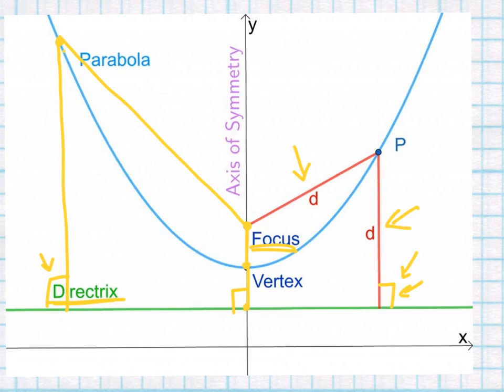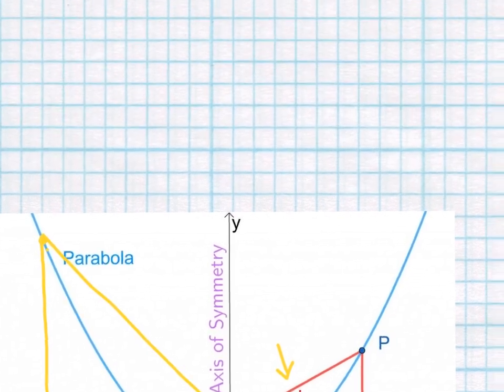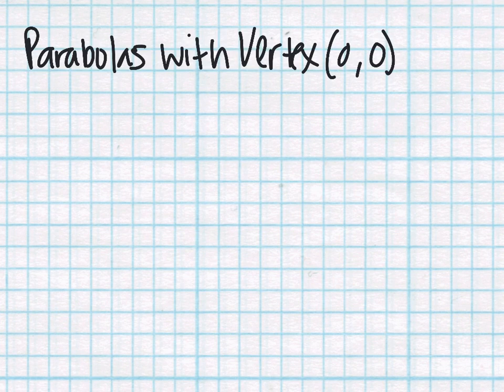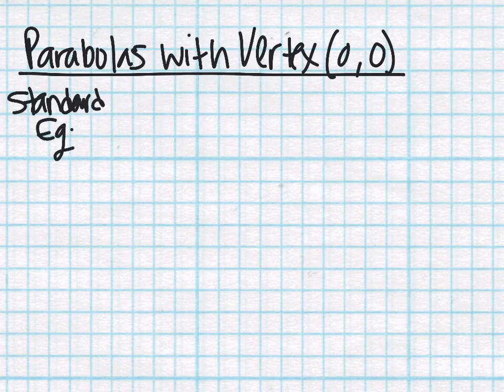So let's talk about some basic things that we need to know about parabolas. Parabolas with vertex 0, 0, those are the easiest ones to work with. So, standard equation. Two different versions.